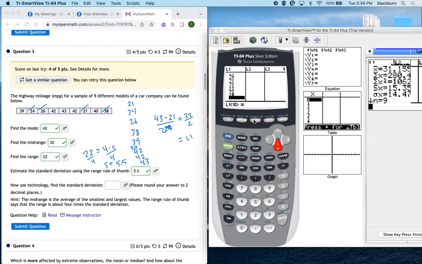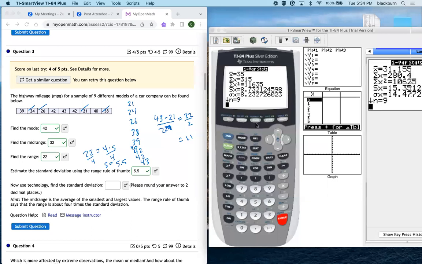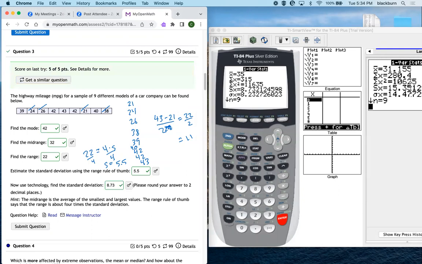And then I go over here, stat, calculate, one bar stats, enter, enter, enter. And then my standard deviation for this sample is 8.73. Is it 1 to 2 decimal places? There you go. So the estimate's not very good, the 5.5. But that's the way you'd run through that one.